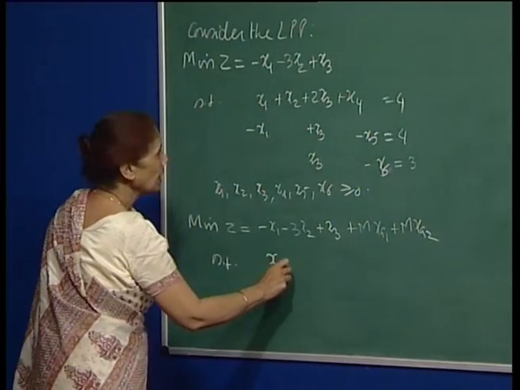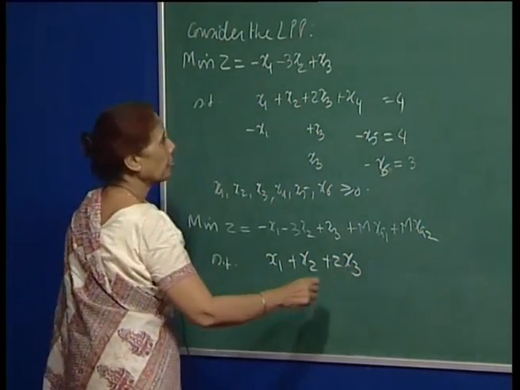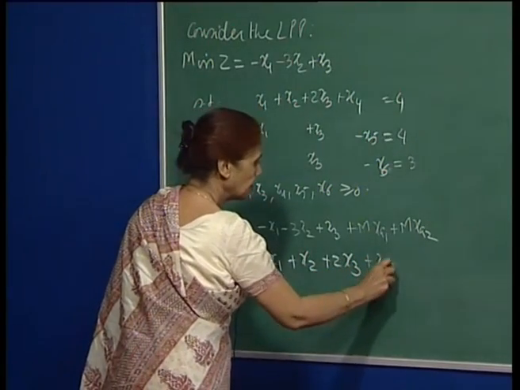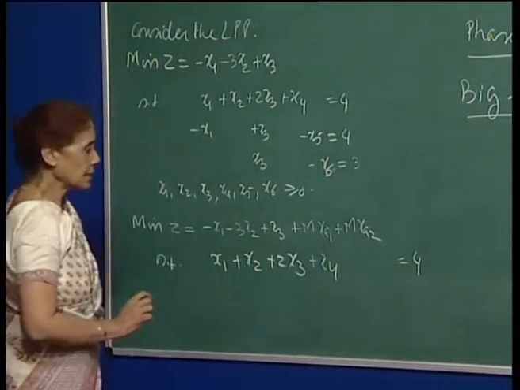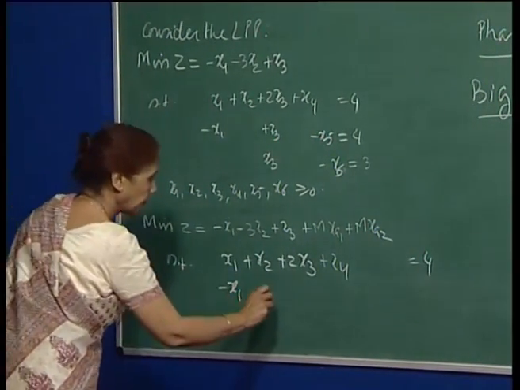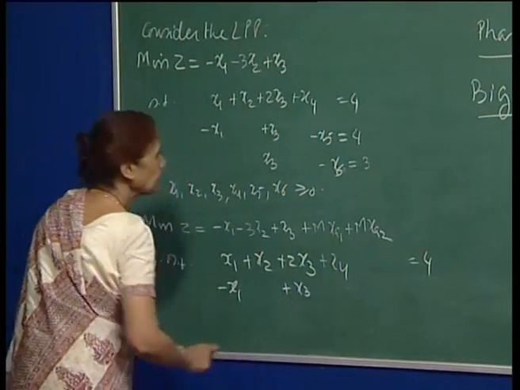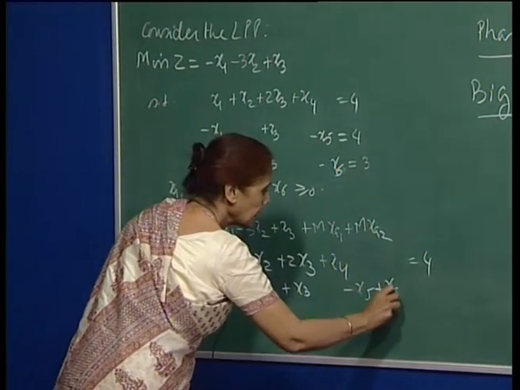So, this will be x1 plus x2 plus 2x3 plus x4 is equal to 4. This constraint remains unaltered. Then minus x1 plus x3 minus x5 plus xa1.